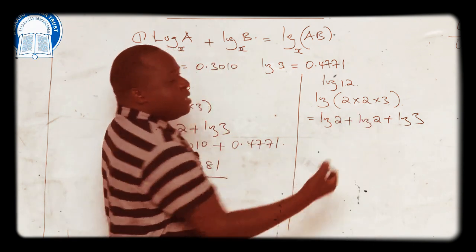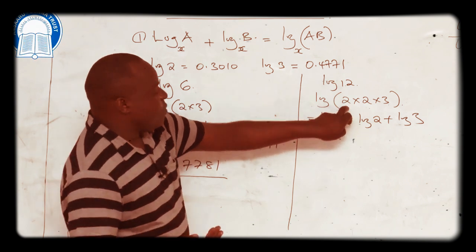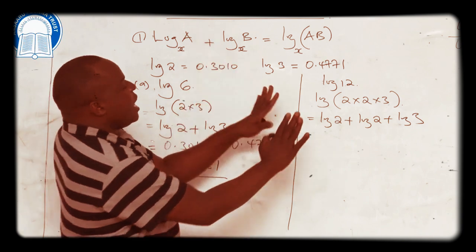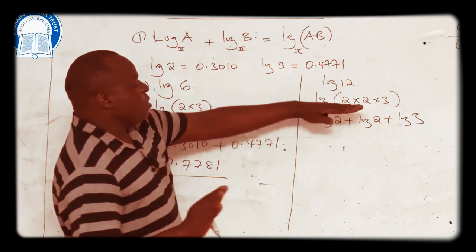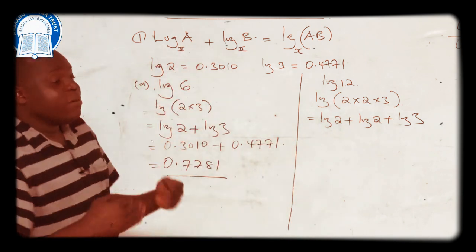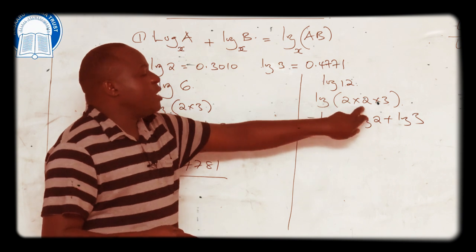Now, if I introduced another law, maybe there can be an easier way of solving this, but since I have only explained this, I'll stick to what I explained and show everything as far as what I've talked of so far. But maybe later on in the topic, we might change how we look at this.